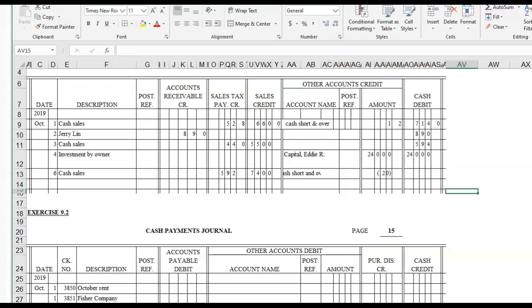So 7,400 plus 592. Yep, and you've got to do exactly what I thought. You've got to minus the $20 from there. That way you get $7,972. So you probably wouldn't have known to minus the $20 had you not put it in the quotes. So make sure you do that.